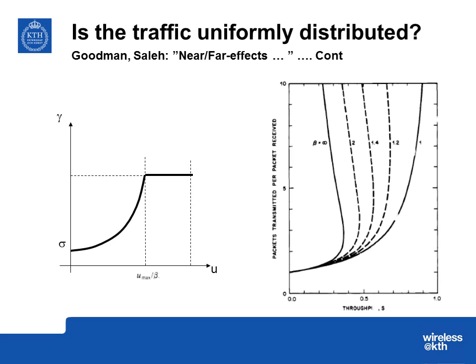And plotting the throughput relationship, this is the same curves as previously, but turned over 90 degrees for different capture ratios. We can see the ALOHA characteristics, but we can also note that the curves are much flatter for low capture ratios.